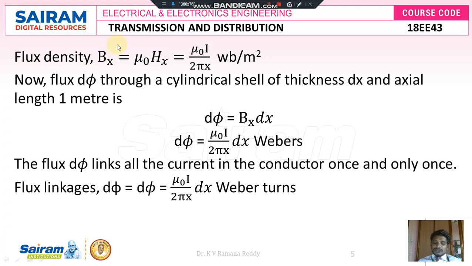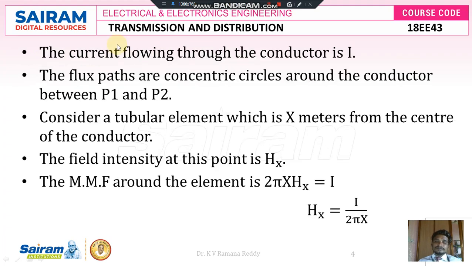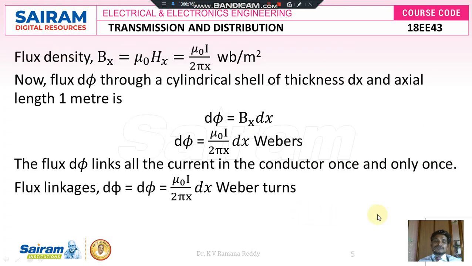As we already know, the magnetic field intensity formula is Hx equal to I by 2 pi x. Now I am going to substitute this formula in place of Hx. Then the magnetic flux density Bx is equal to mu naught into I by 2 pi x Weber per meter square, because the unit of magnetic flux density is Weber per meter square.